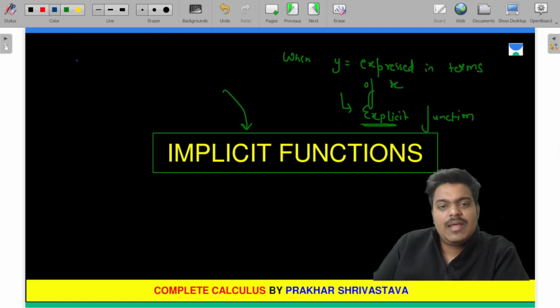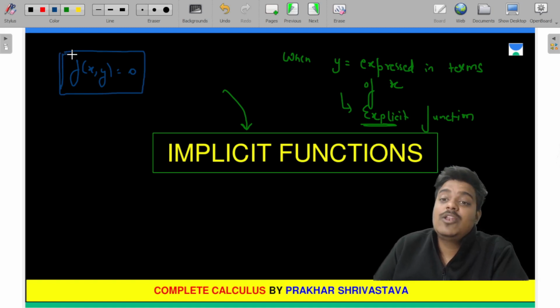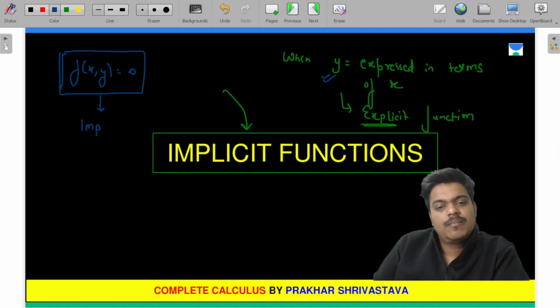Whereas when f of x comma y is equal to 0 is given, that is, in an equation x and y cannot be separated, this is known as implicit function.